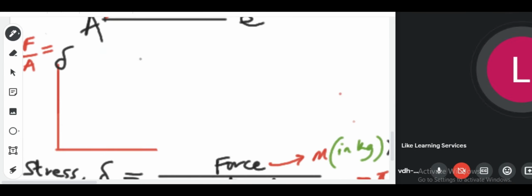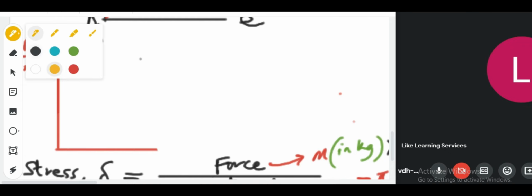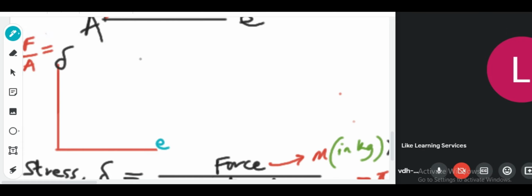For this part, if I divide the extension by the original length, that will give me strain.